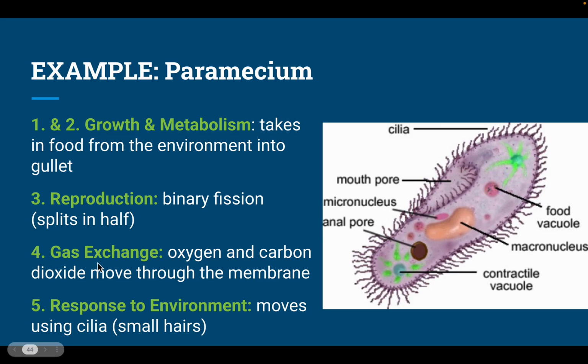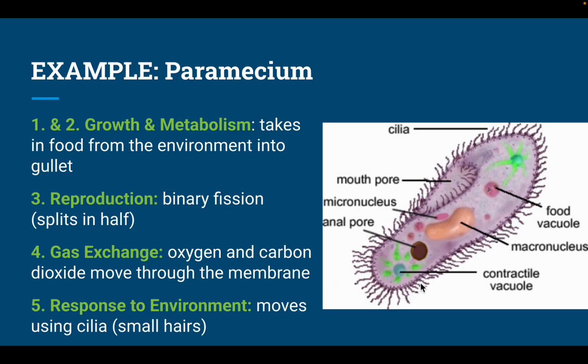All right, number 4, gas exchange. Well, this cell has a cell membrane. So oxygen goes into the cell, all right, and carbon dioxide comes out of the cell. That's waste. How does that happen? It goes through the cell membrane. Okay. Last is respond to environment. Well, this paramecium can move.